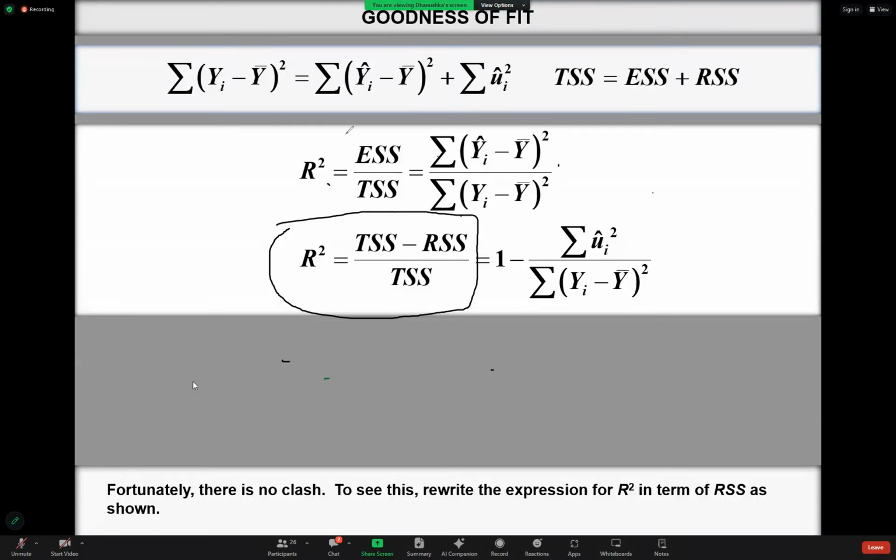Actually, here you can see ESS, TSS equals ESS plus RSS.